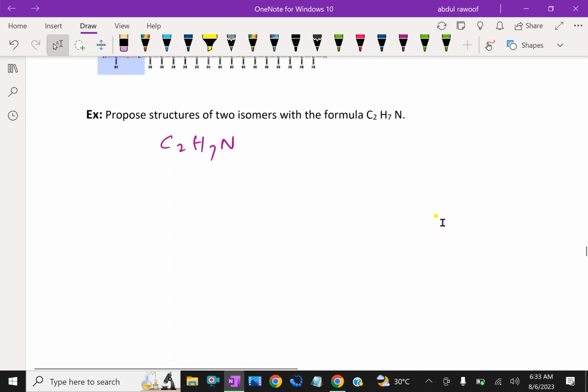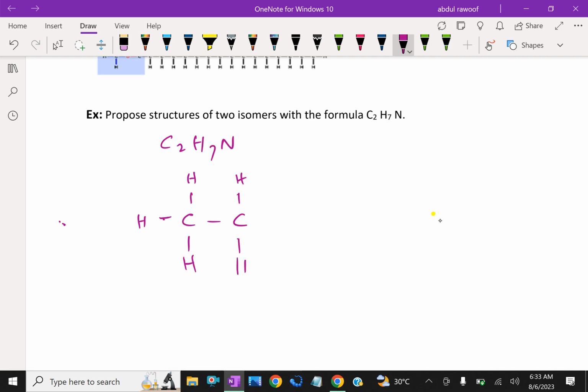Here, the first structure has two carbons, each carbon bonded to hydrogens, and the N is connected with another two hydrogens. This is one structure.